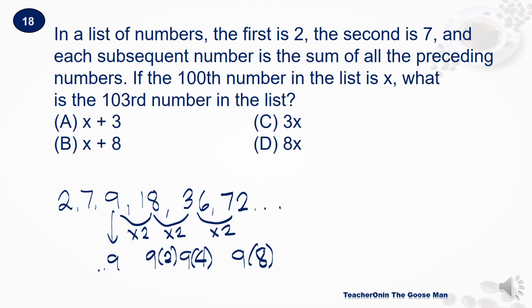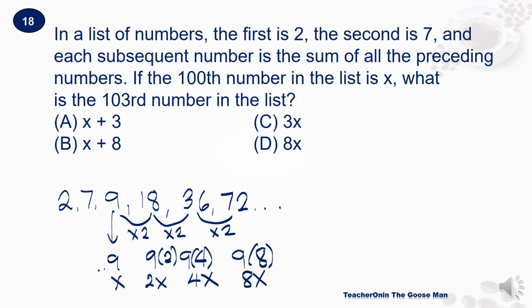Observe, if I replace 9 by x, instead of 9 I'll use x here. So I can write 2x, this one is 4x, and here is 8x.